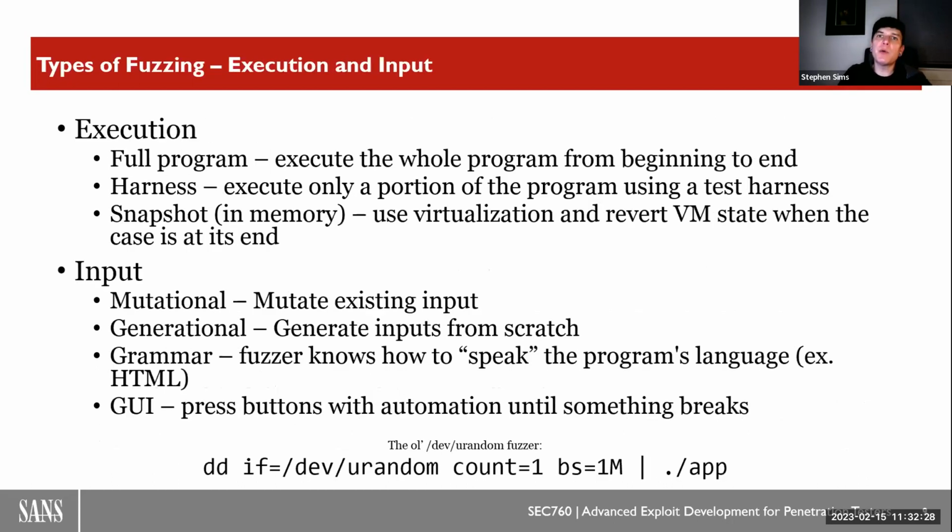So continuing on with types of fuzzing, execution fuzzing. So full program, we execute the whole program from beginning to end. Now there's a question that you could ask.